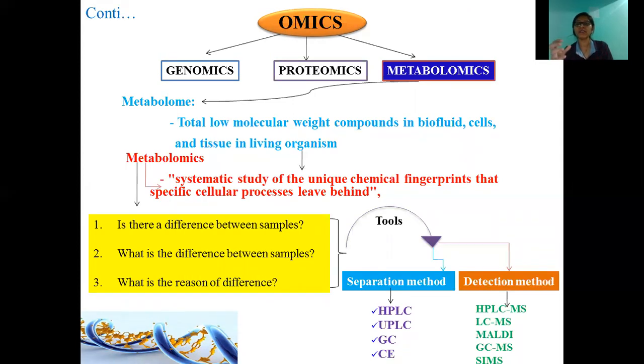This study is carried out with the help of metabolomics. There are many separation and detection techniques available to study the physiological state of an individual or to identify the different metabolites present in the cell.